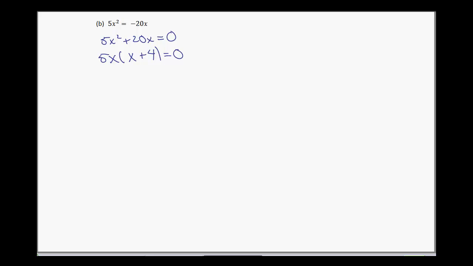So from our zero product property, I have 5x equals 0 and x plus 4 equals 0. And a constant cannot equal 0, so x has to equal 0 in this case, and then x equals negative 4 in this case. So let's check to verify our solution.